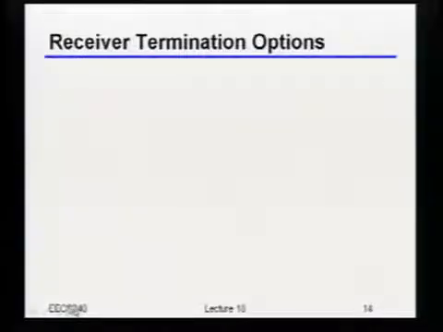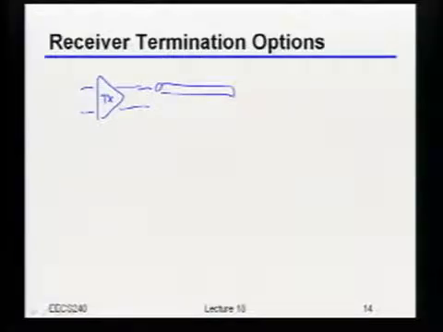Okay, so now we kind of know what the transmitter is going to look like. The next thing is, what are we going to do at the receiver? In particular, how are we going to terminate that receiver? I'm just going to quickly draw the standard way that this is done, because I want to get to a couple of other things first, and then maybe next time we'll come back and finish up all of the other options. So let's assume that we use our current mode transmitter, which, as a reminder, is just a diff pair.